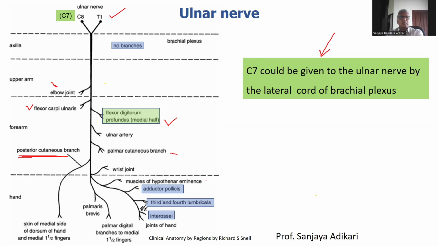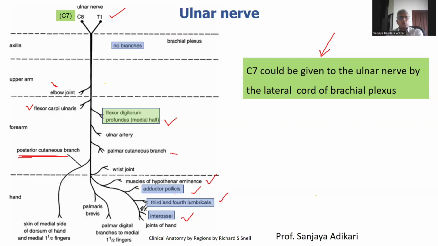Then the hypothenar muscles are supplied, and more importantly, all the interossei, the third and fourth lumbricals, and the adductor pollicis are supplied by the ulnar nerve. So you have this deep branch of the ulnar nerve and the superficial branch. That's a different issue.